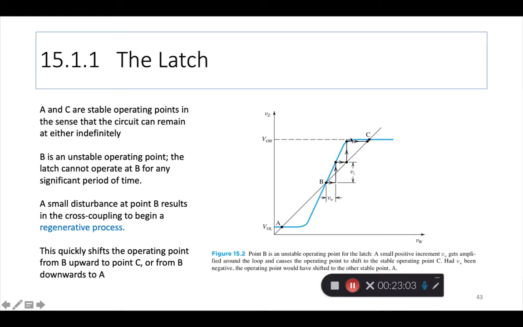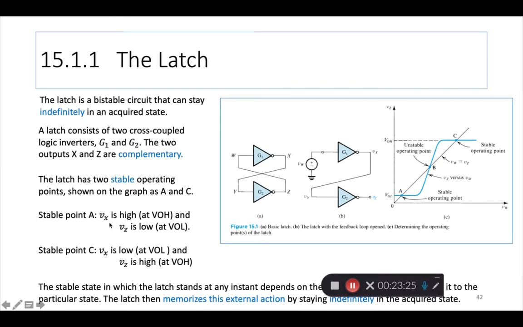It stops at C. Similarly, if the small disturbance is negative, it pushes the latch down to a state where it stops at stable point A.